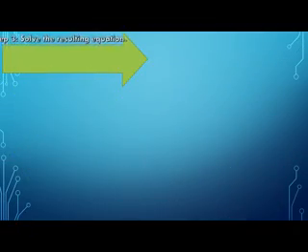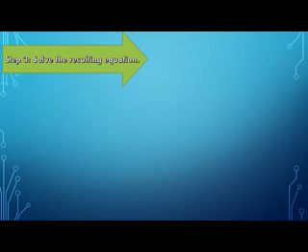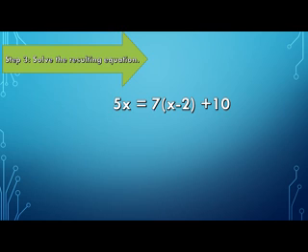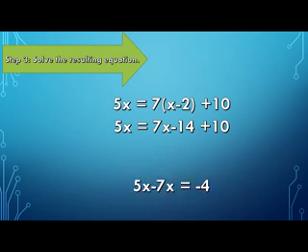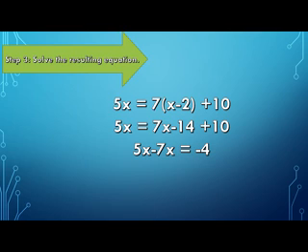So following the third step, which is to solve the resulting equation. So 5x is equal to 7 quantity x minus 2 plus 10. By the distributive property of multiplication and addition, it will become 5x is equal to 7x minus 14 plus 10. By addition property of equality, it will become 5x minus 7x is equal to negative 4.